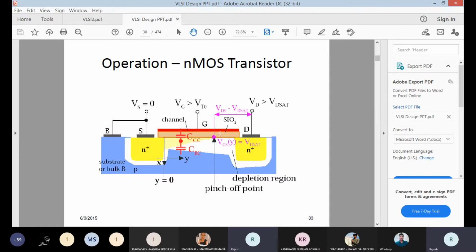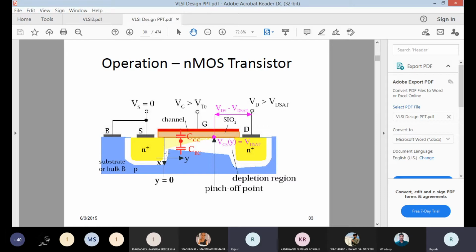Because now we have applied a drain to source voltage greater than VDS sat, which is VGS minus VTN, the gate to channel voltage is reduced to the threshold voltage. So the channel ceases to exist, and that point is called the pinch off point. The point at which the channel ceases to exist is called the pinch off point.